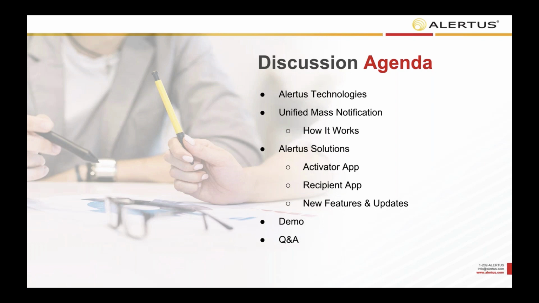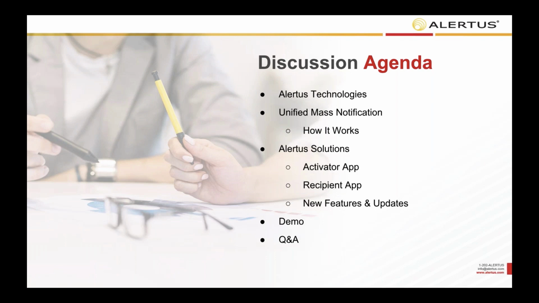So with this presentation, we're going to hit on Alertus Technologies as a company, a quick review for those that are new to Alertus, and unified mass notification, how it works and how we bring together a full solution of capabilities to notify your population very quickly. And then we'll jump into the mobile app, the activator, the recipient, features and updates.